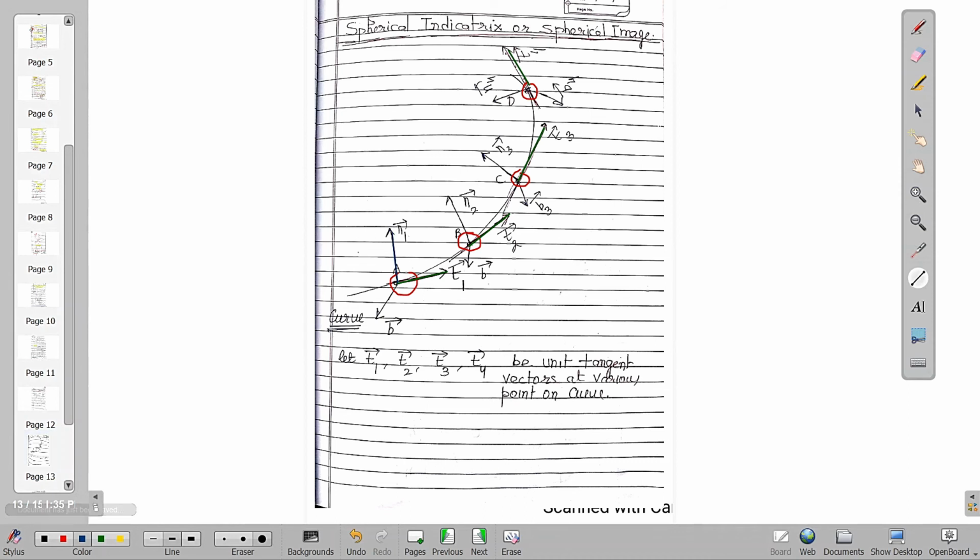So it is n1. This is the principal normal at this point, again n2 the principal normal at this point, again n3 at this point, again n4. And similarly, the binormal, this vector is binormal b1, and this is binormal b2, right?